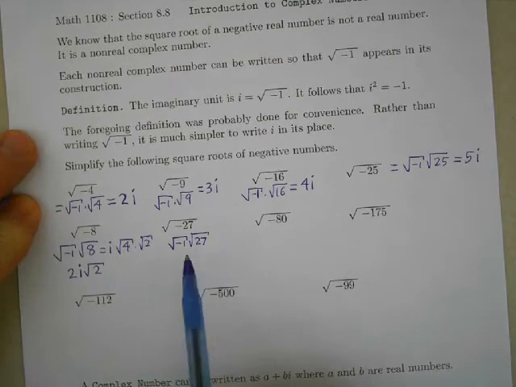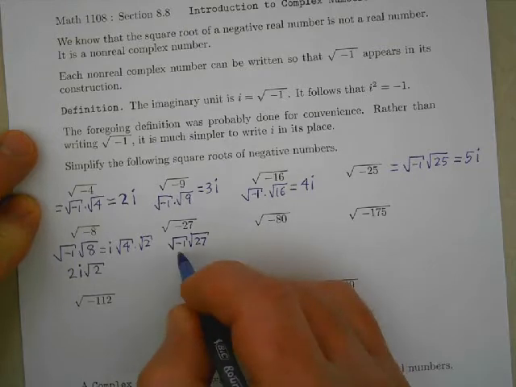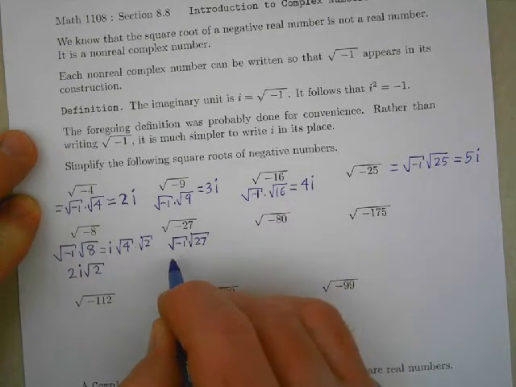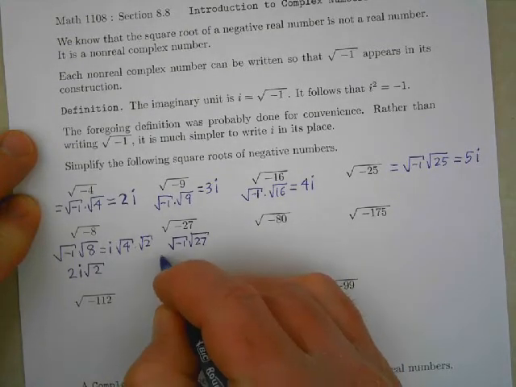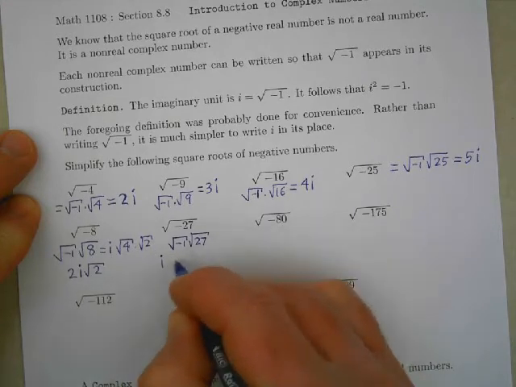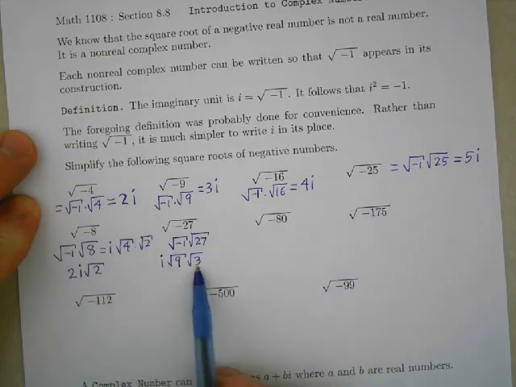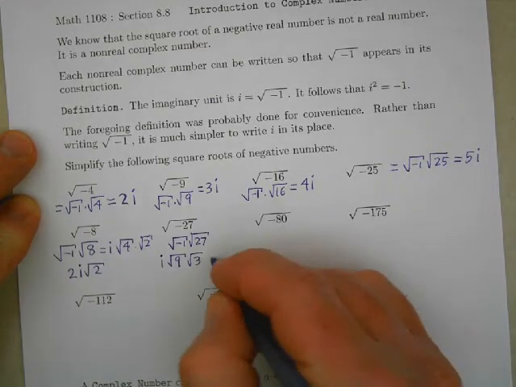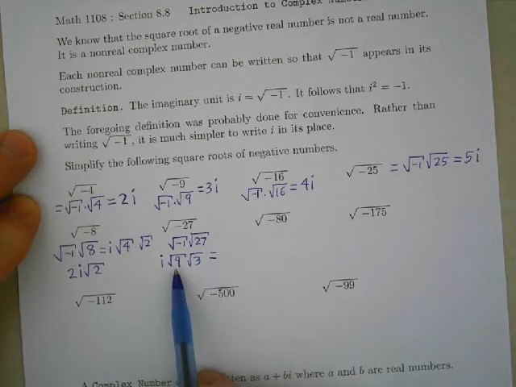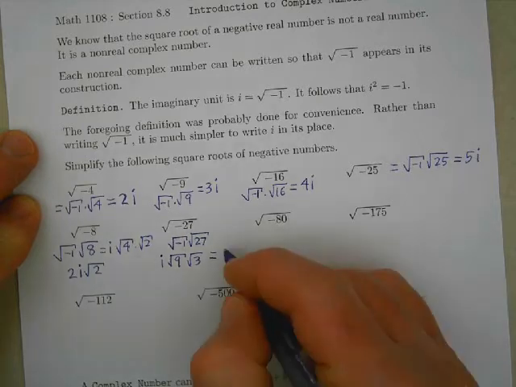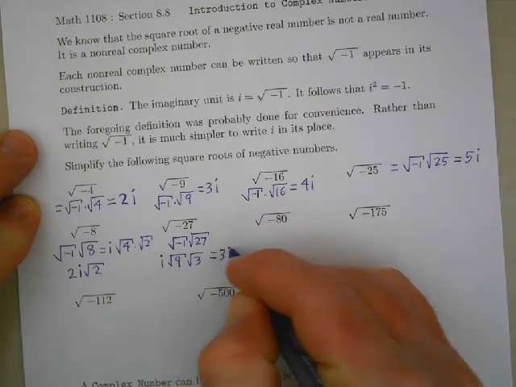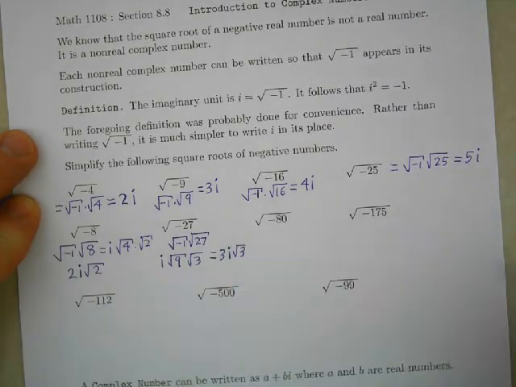So in this next step, we will replace the square root of -1 with i, and then the square root of 27 is equivalent to the square root of 9 times the square root of 3, because 9 times 3 is 27. And then the square root of 9 is 3, so we can write this as 3 times i times the square root of 3.